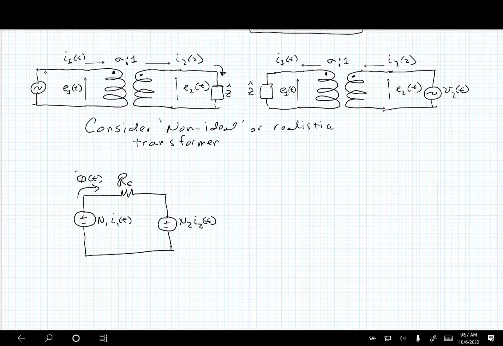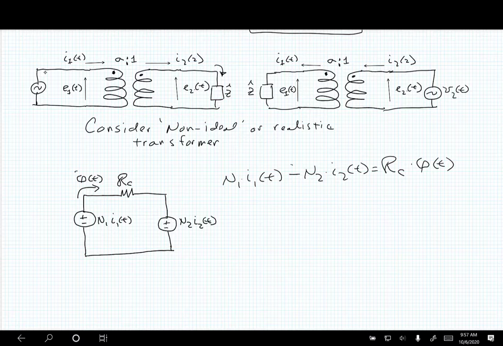And I can rewrite my Ampere's law expressions as N1 I1(t) minus N2 I2(t) is equal to the core reluctance times the flux in the core. So before I had a positive sign right here, and now I've got a negative sign.